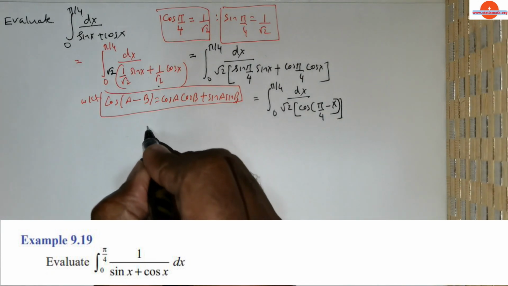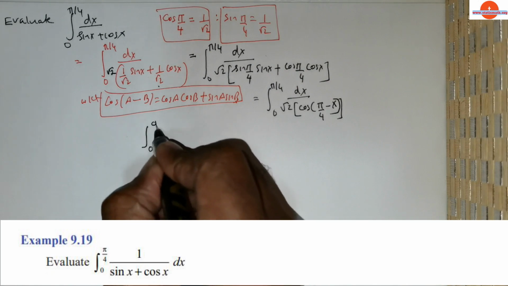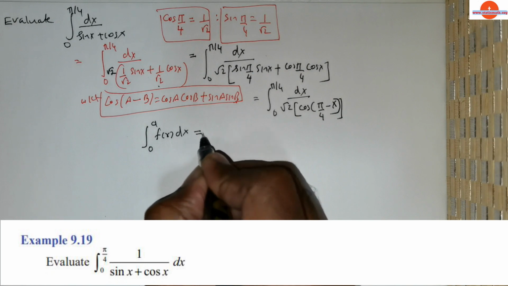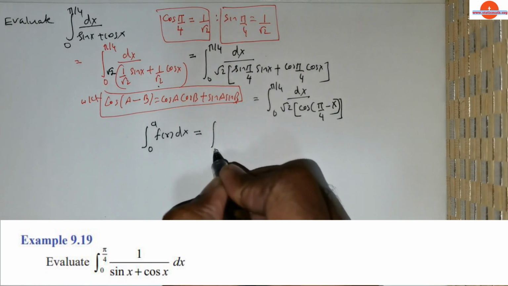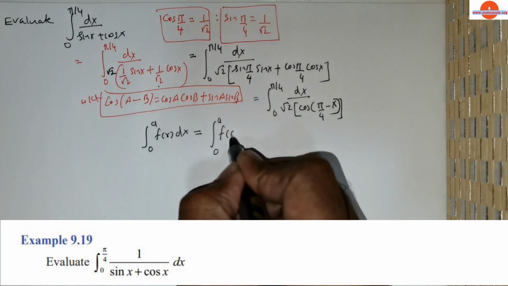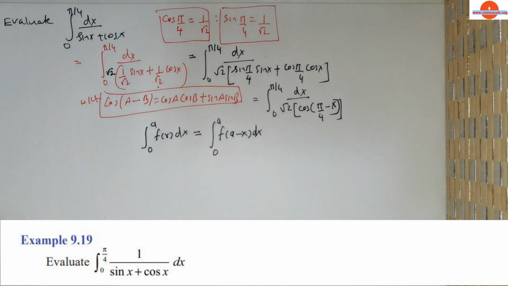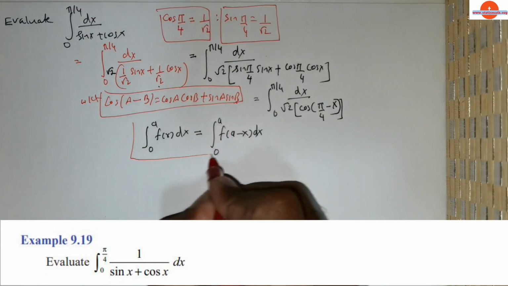Now, you have to know that integral 0 to a f of x dx is equal to integral 0 to a f of a minus x dx. This is a property that I would be using.